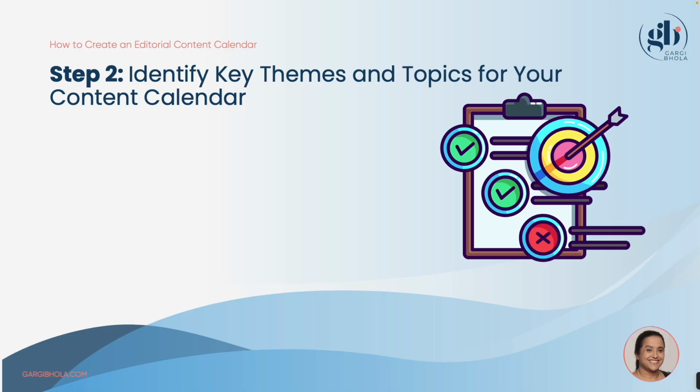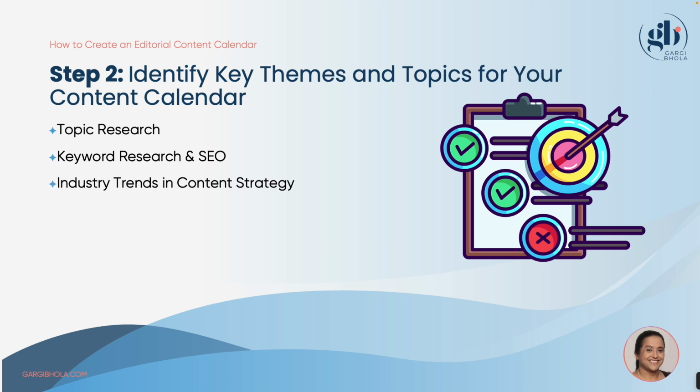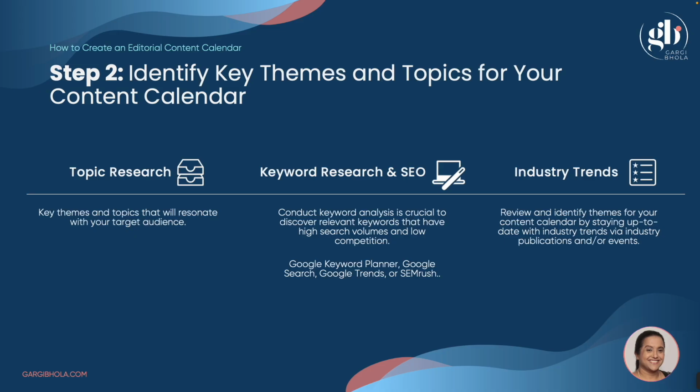And once you have these goals started, the next step is to identify the key themes and topics for your content calendar by doing topic research, keyword research and SEO research, looking at industry trends and content strategy. As you start doing topic research, you have to identify those key themes and topics that resonate with your target audience.